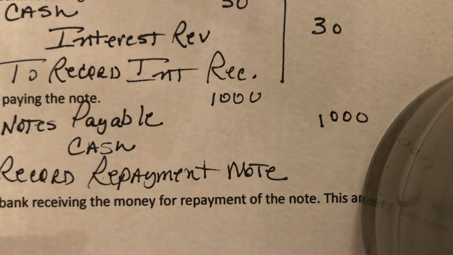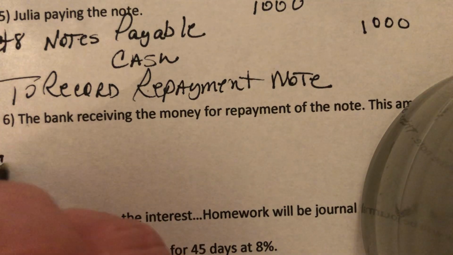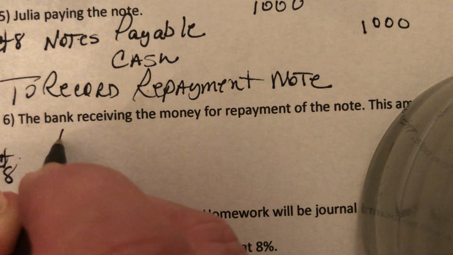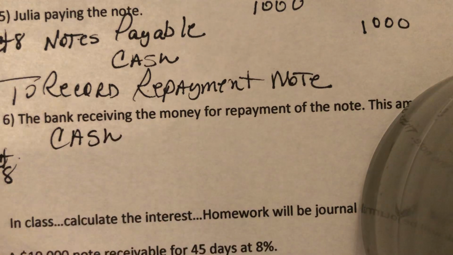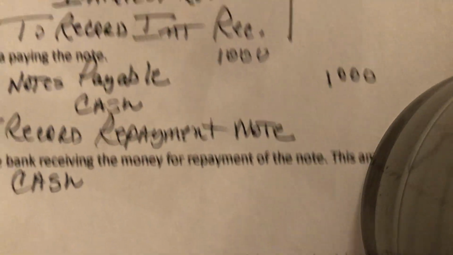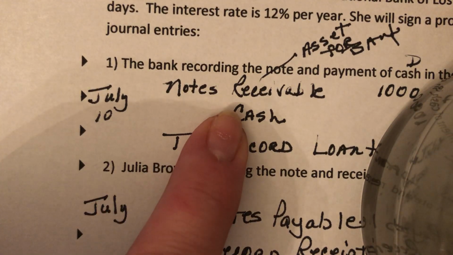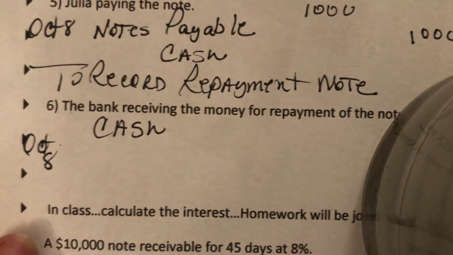Then the bank is going to get the cash down here in number 6. They will take Julia's $1,000 and they will get rid of that asset, notes receivable. Okay, where it was a debit, they want to credit it now.